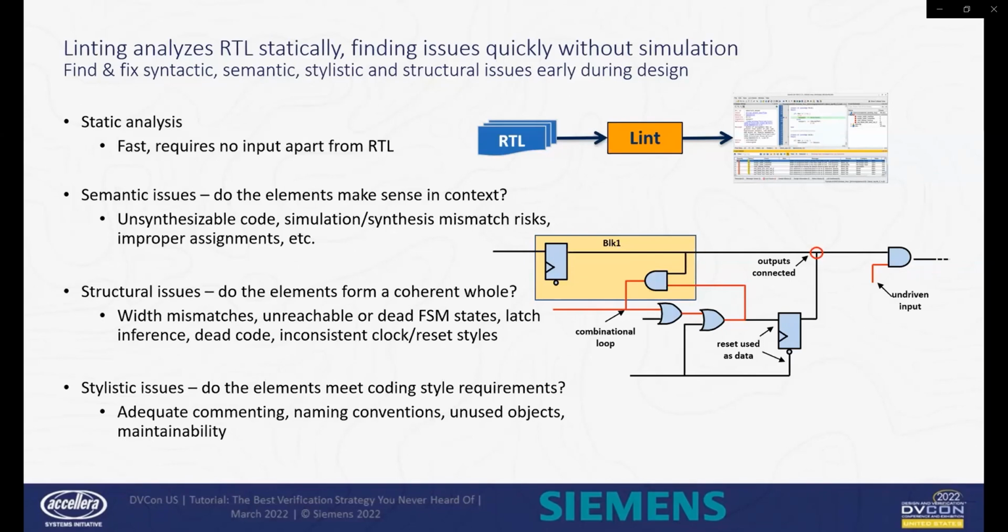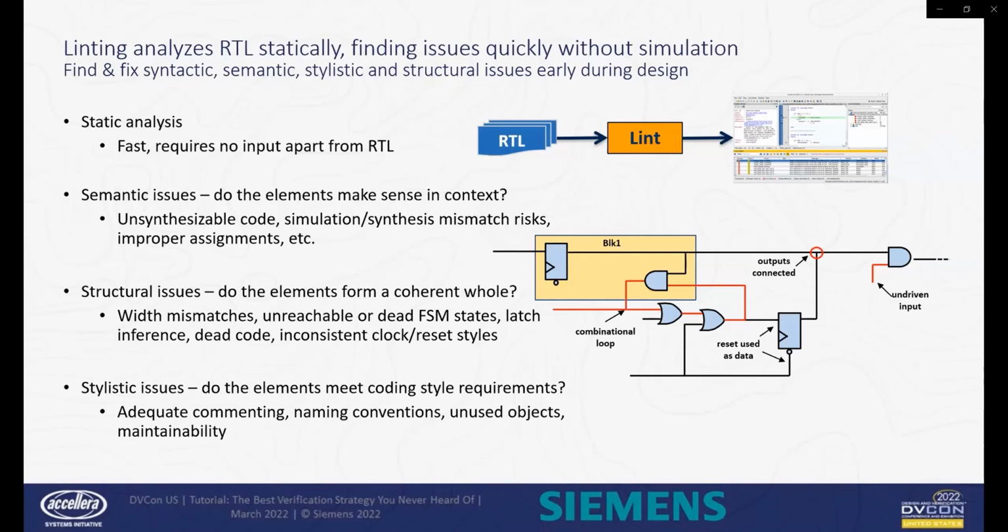Structural issues are found when looking at the bigger picture. For instance, operations between objects of different widths, FSM issues that may cause the state machine to lock up or never reach a particular state, RTL that will cause latches to be created in synthesis, and so increase testability challenges later, inconsistent clock and reset styles, such as a mix of synchronous and asynchronous use of a reset, and RTL code that will never be used, perhaps because a condition will never be reached.